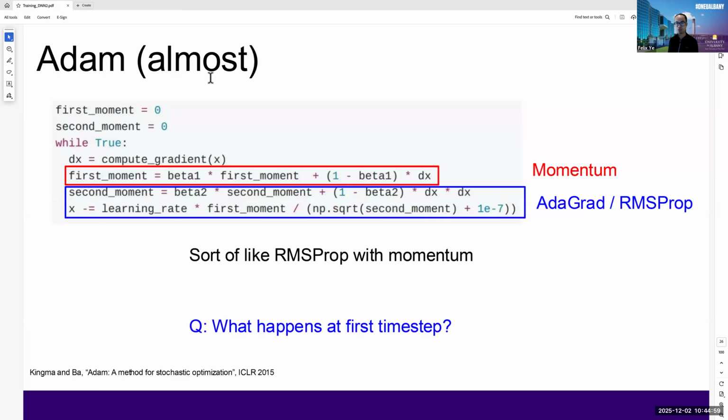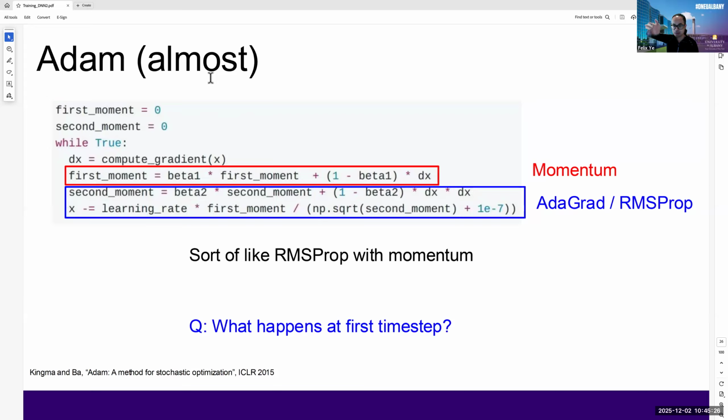Okay, so now we are ready to introduce Adam. The Adam optimizer is very, very important. I would say it is the most popular optimizer in deep learning. We talked about AdaGrad and RMSProp.